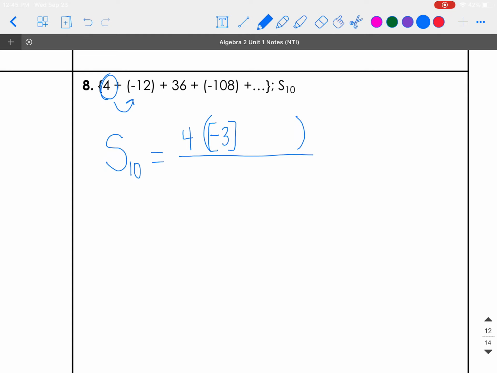That has to go in extra parentheses. When you have a negative, if you're raising it to a power, it always has to go in extra parentheses. I know, it's a pain to type it in, but at least you're not doing it all by hand. Then my n goes up top, minus 1, and -3 minus 1.